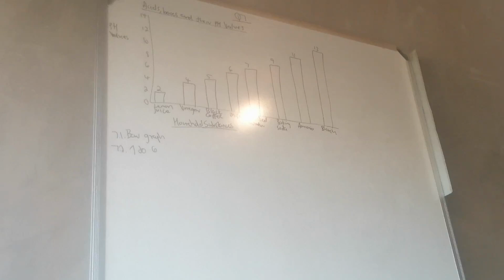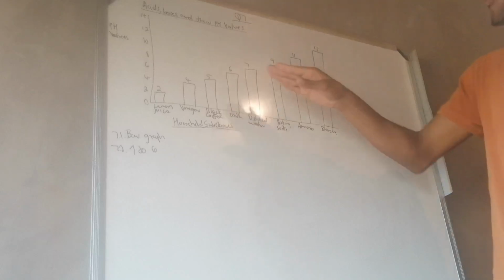What type of a graph is represented here? Bar graph. Name the substance that is most acidic on the graph. Remember, you are acidic if your pH ranges from 1 to 6. So which one is most acidic?